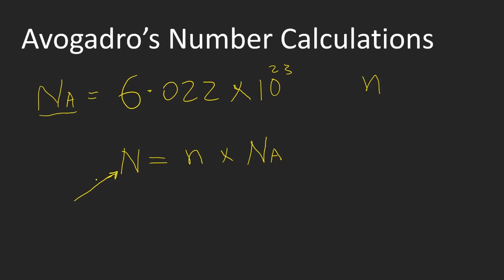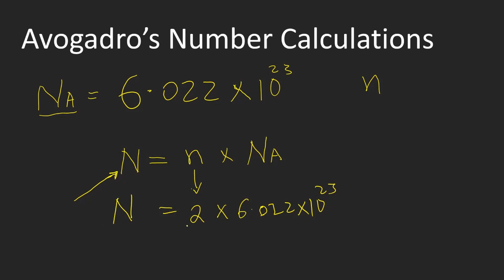If I ask how many molecules are there in 2 moles of CO2? So n is 2, because mole is represented by small n. So 2 moles of CO2. NA is a fixed number, 6.022 times 10 to the power 23. And this will give me capital N, the number of molecules of CO2.